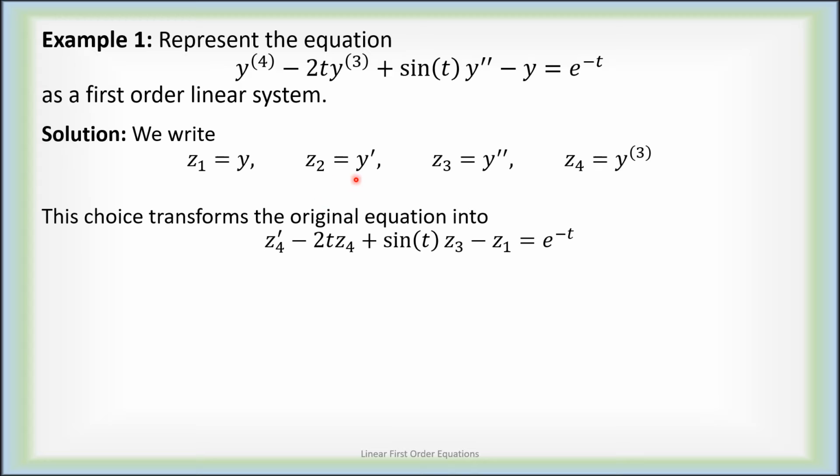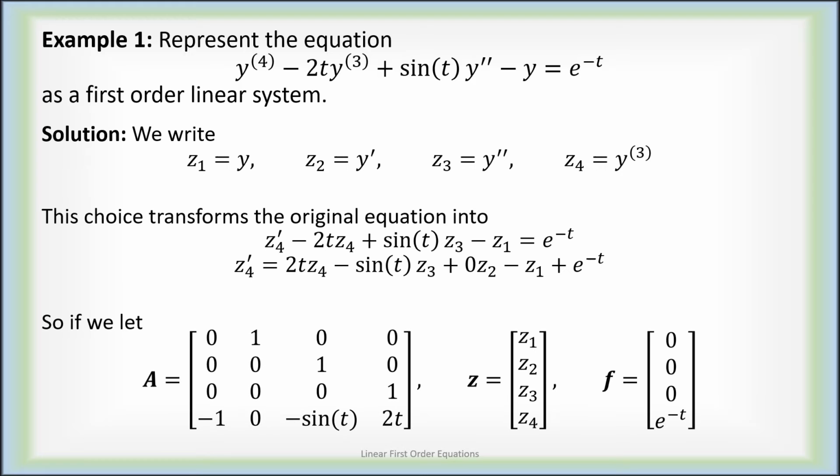There was no appearance of y prime in here, so then we just jump right to minus z1, and on the right, e to the minus t. So z4 prime can be solved for in terms of all of the other z1 through z4 plus a forcing function. Therefore, we can just use this matrix and this column for z with a forcing function that only has a single entry. So just check.